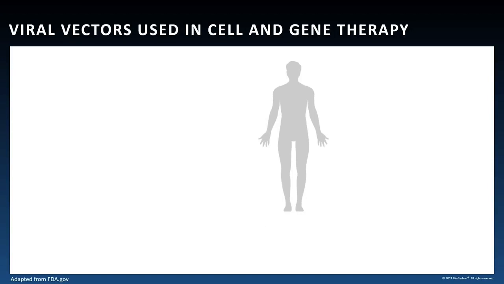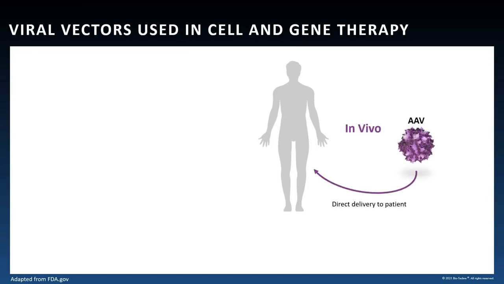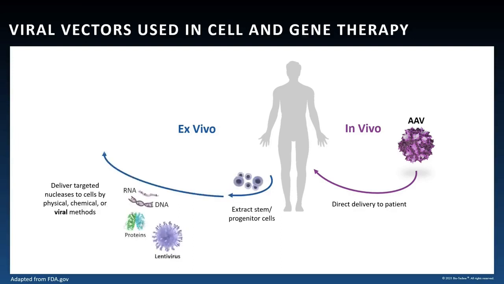The majority of current cell and gene therapies leverage two key viral vectors. For direct gene therapy via in vivo delivery, AAVs are the leading class. The other main therapy, called cell therapy, requires extracting cells from the patient and delivering targeted nucleases to the cells via physical, chemical, or viral methods.